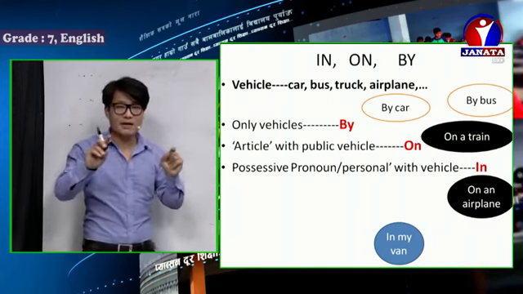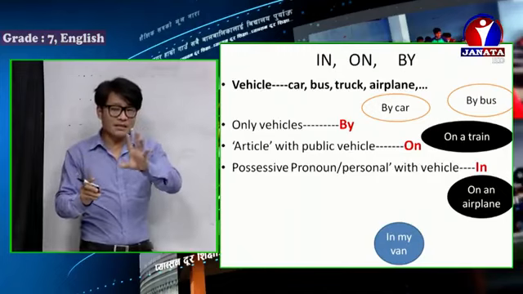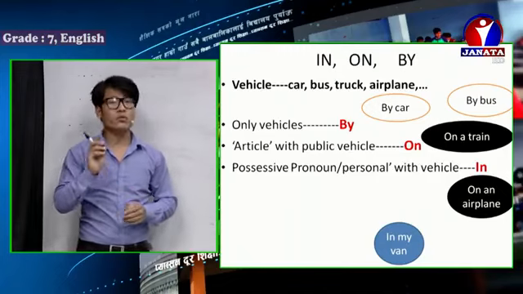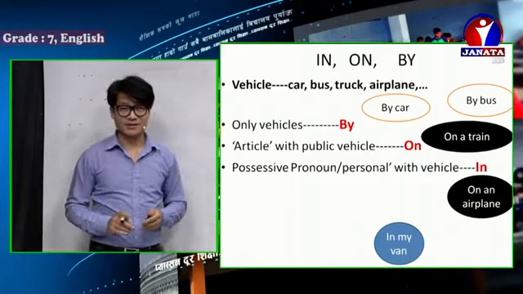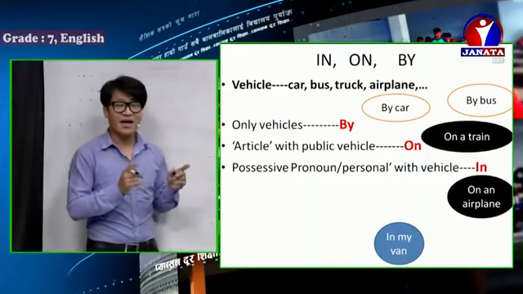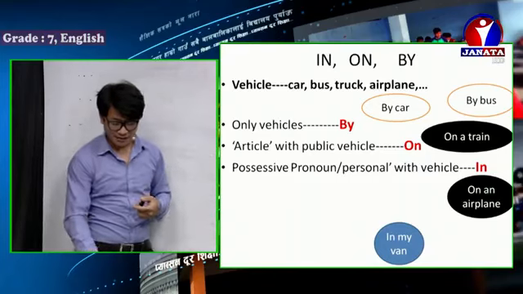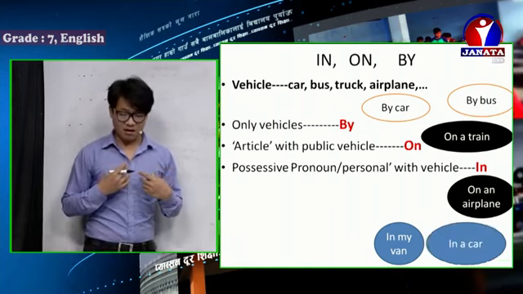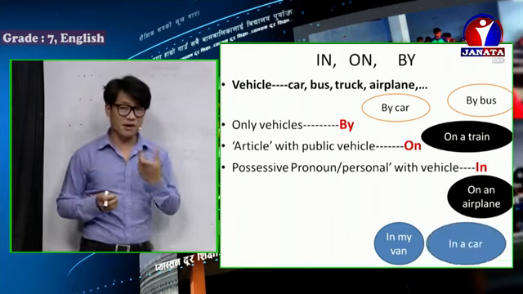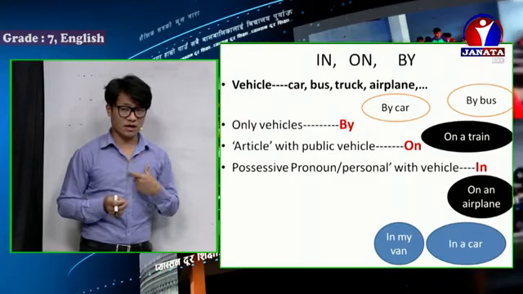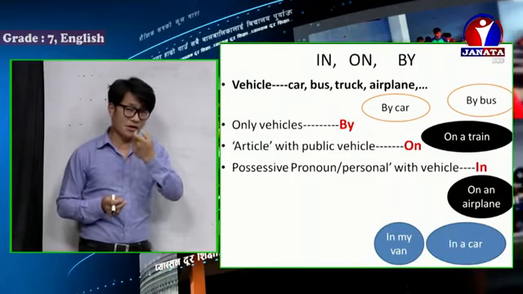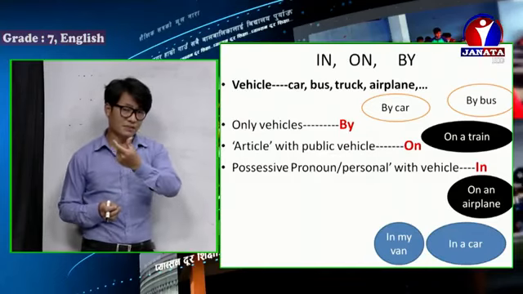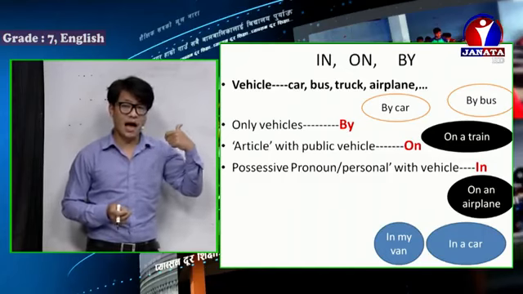So with a personal vehicle, or a vehicle with a possessive pronoun, we use in. Like you can say in my van, or in a car, because a car is a personal vehicle.